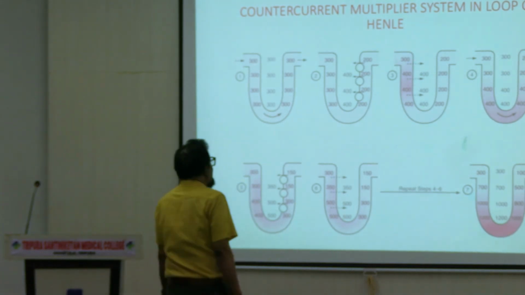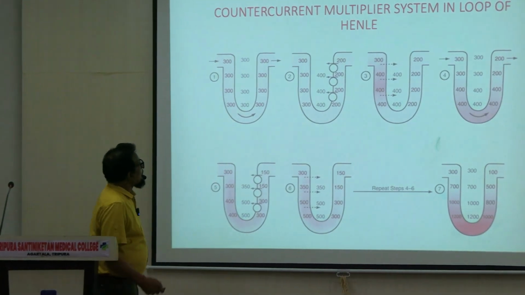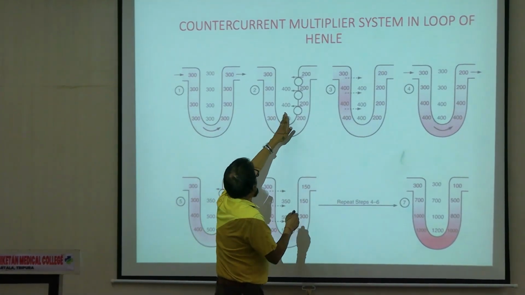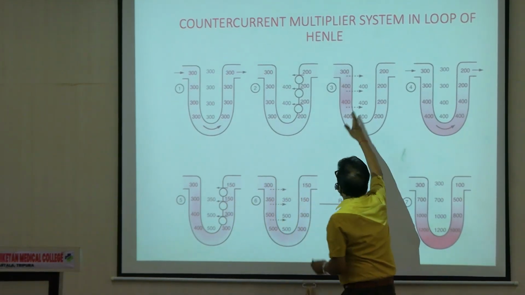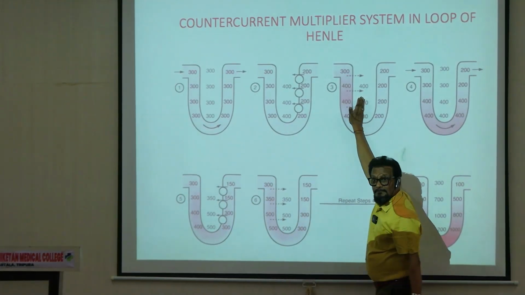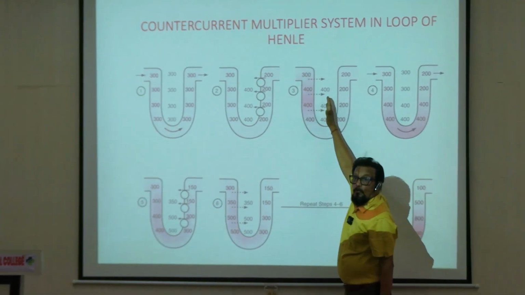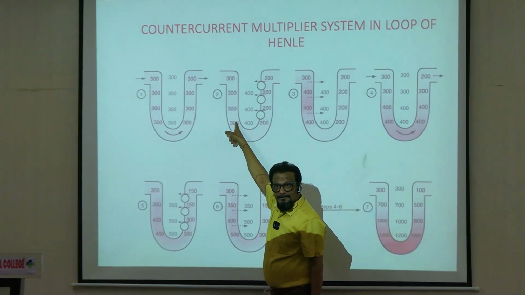Now I'll do one thing. After some time, this area became 400, meaning it is hyperosmolar, more concentrated, whereas the fluid is less.